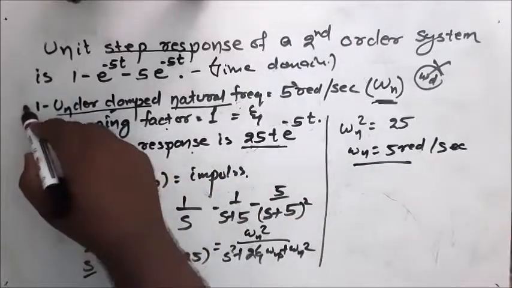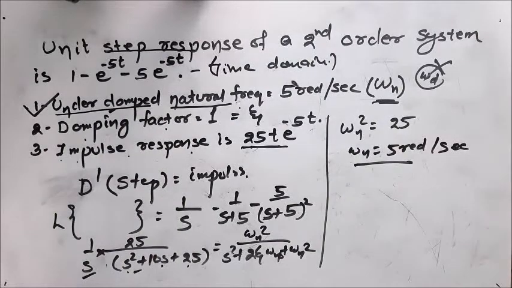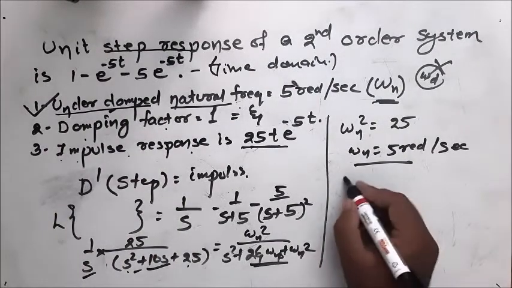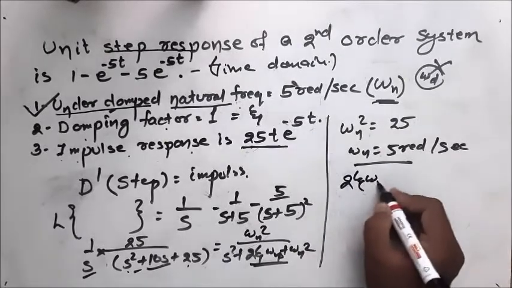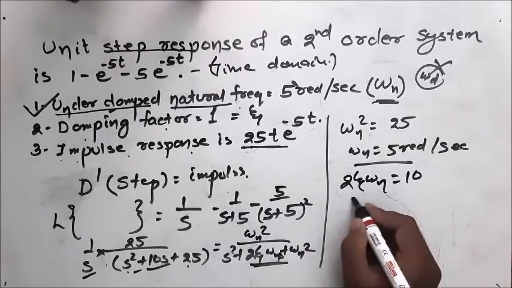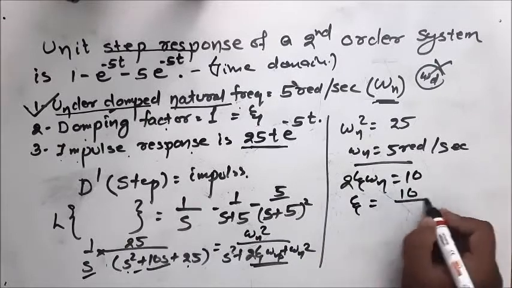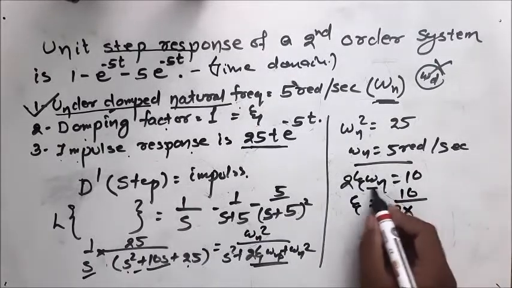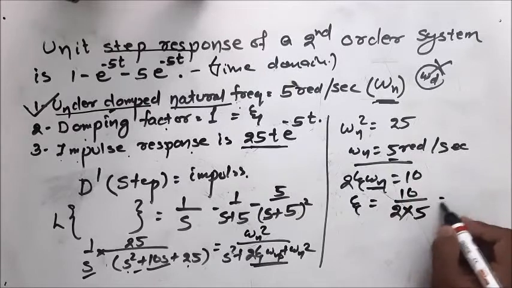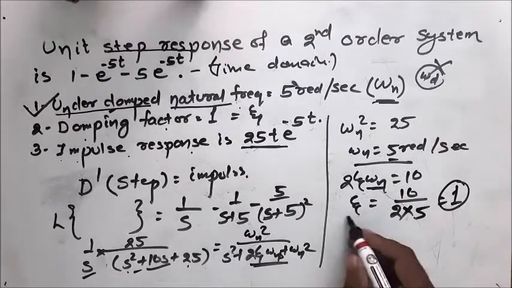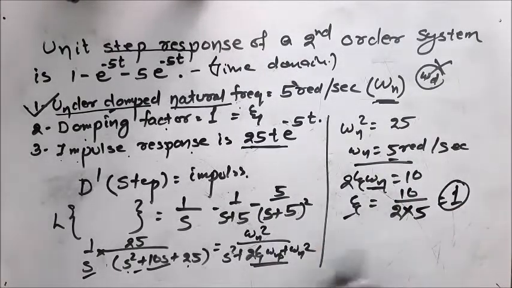So statement 1 is correct. Here 2 zeta omega n s is equal to 10s, so 2 zeta omega n is equal to 10. So zeta is equal to 10 by 2 into omega n, which is 5, so 10 by 10 is equal to 1. So the damping ratio is 1. Statement 2 is also correct.